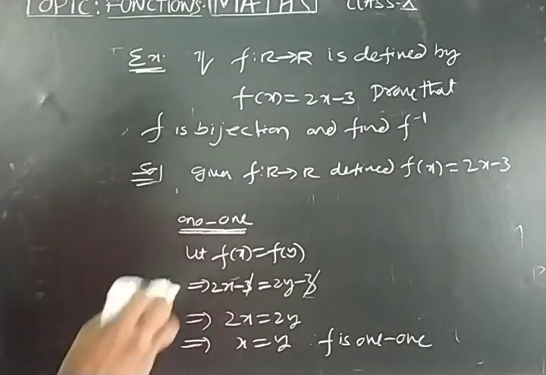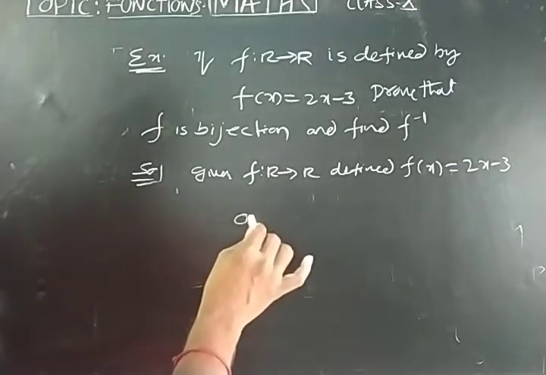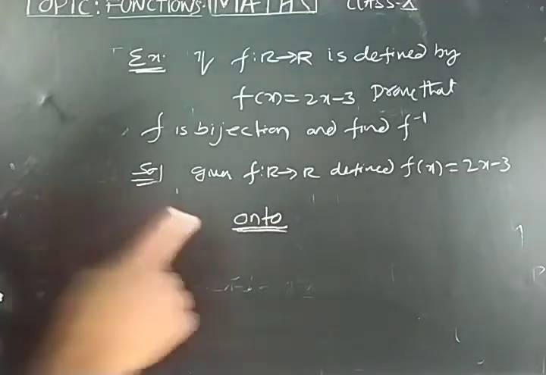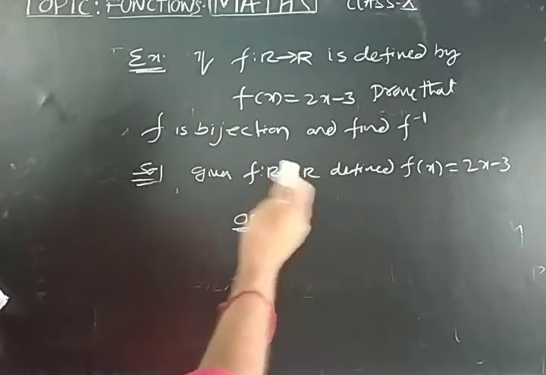Now I am going to show it is onto. What is the definition of onto? Every codomain element should have at least one pre-image.